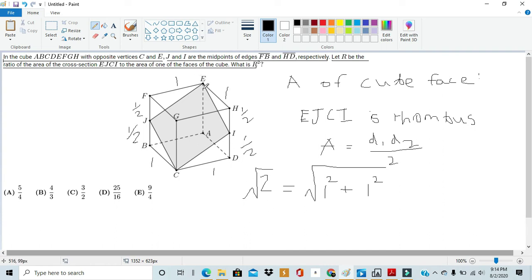But since we're trying to find the length from E to C, we take this root 2 and apply the Pythagorean theorem with this root 2 and this 1 from side length CD to find out the side length of EC. Because taking ED and CD, we have another right triangle that we can use to find the length of EC.